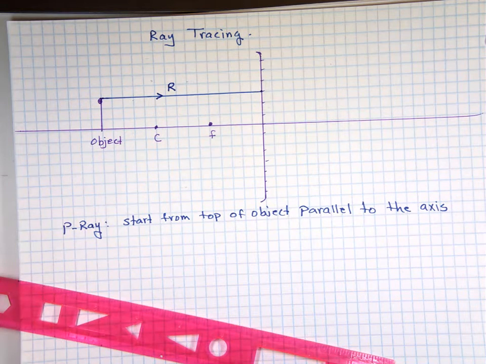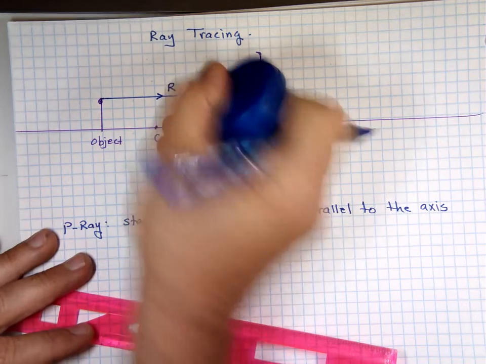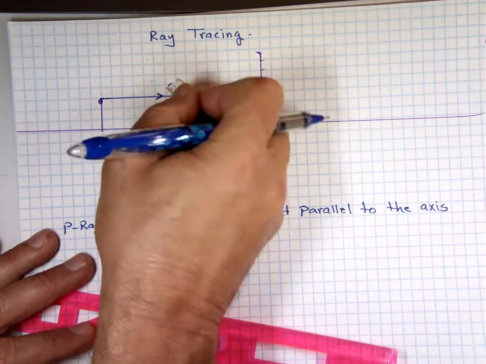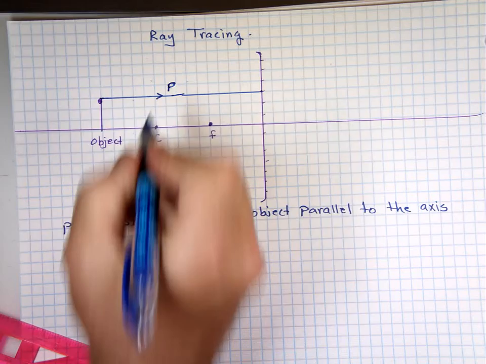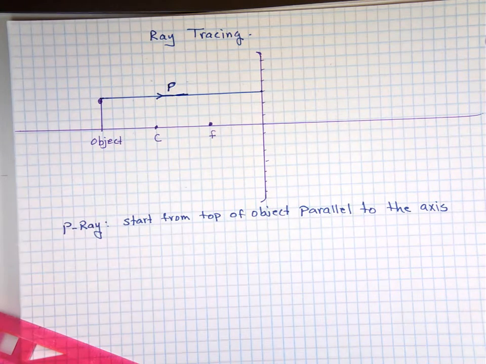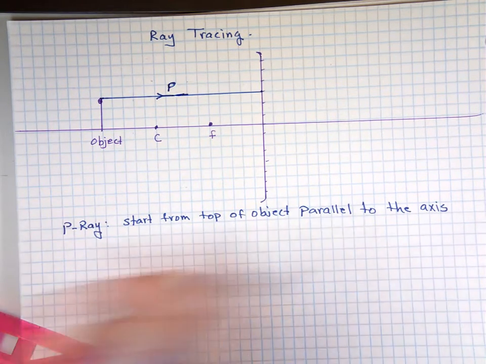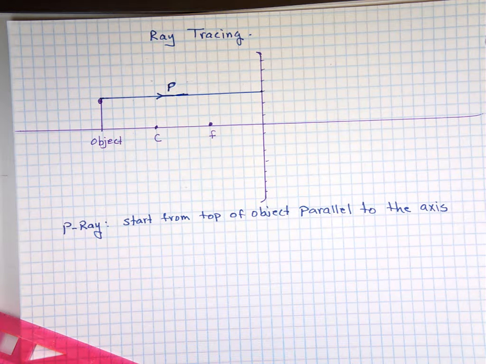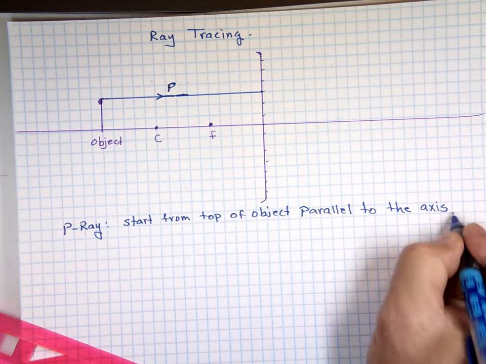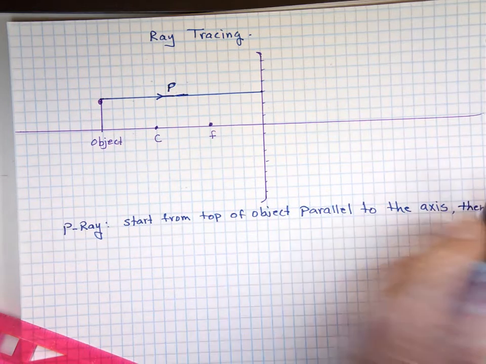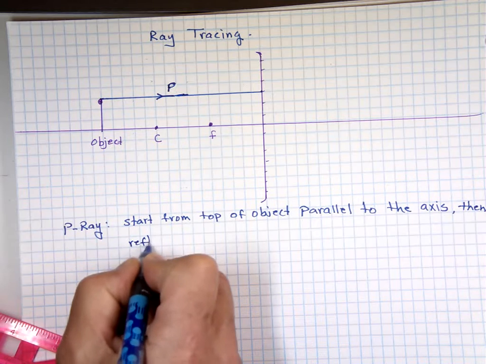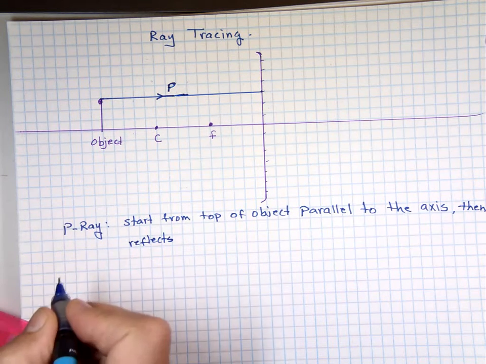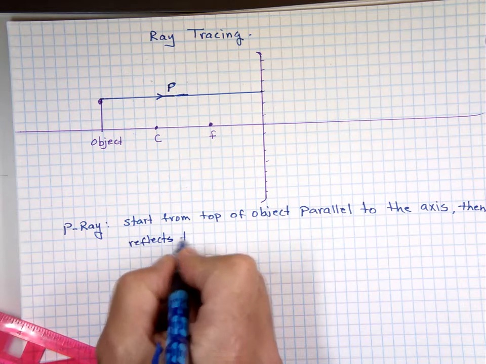P. I wrote R here, it should be P. Draw a line from top of the object parallel to the axes. We did that. Then this line is going to hit the mirror, and it is going to reflect through the focal point.